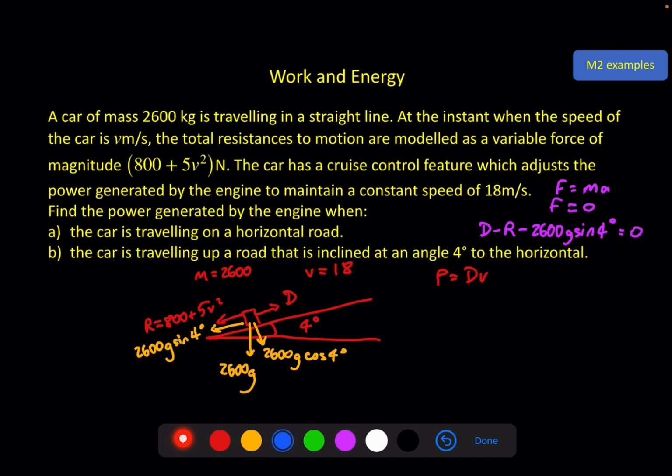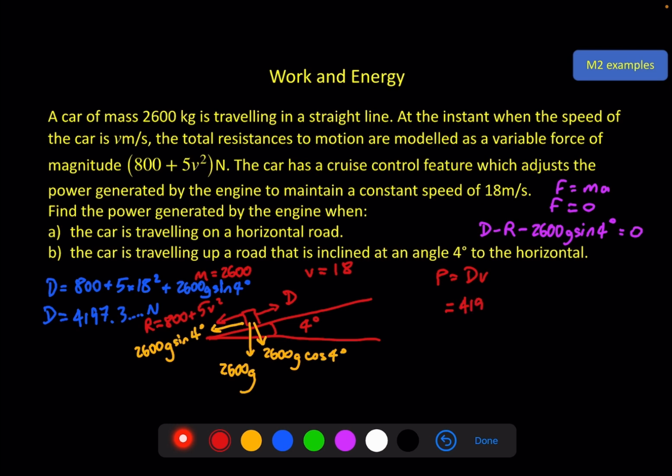So if I jump over to the left here, that gives me D is equal to the resistive forces, 800 plus 5 times 18 squared, as with the previous part of the question, plus 2600g sine 4 degrees, which we did not have in the previous part, which gives me an answer of 4197.39... newtons for the driving force, which I can now put into my power equation with a constant velocity of 18.